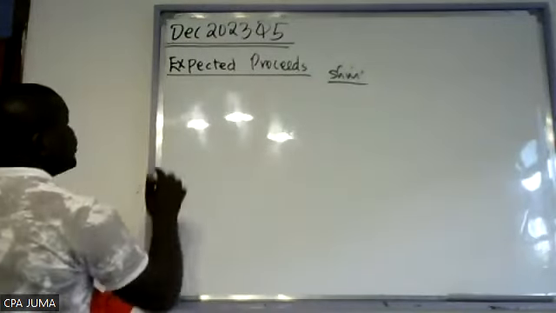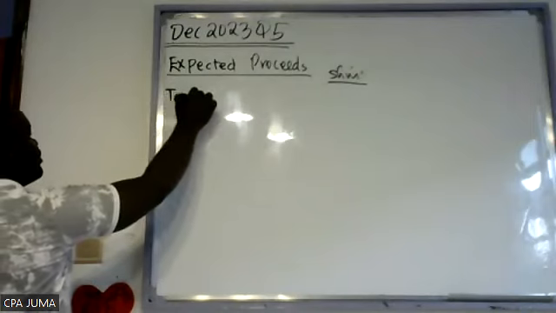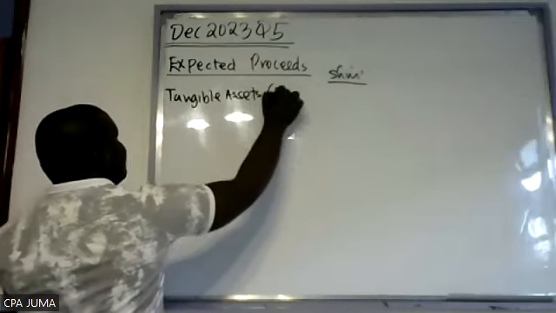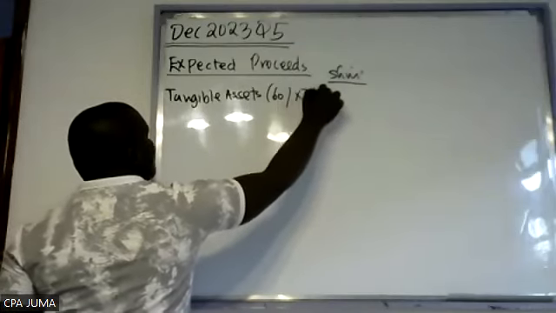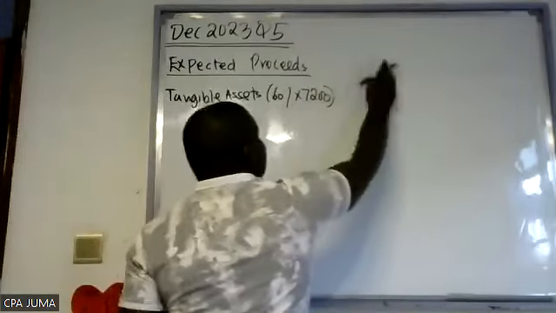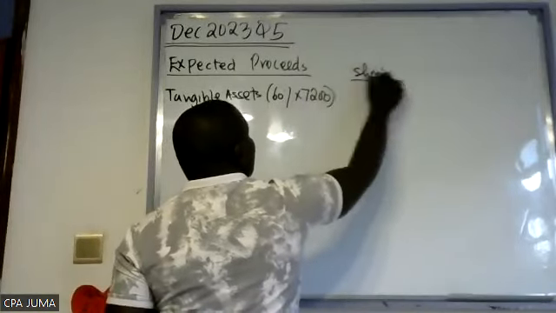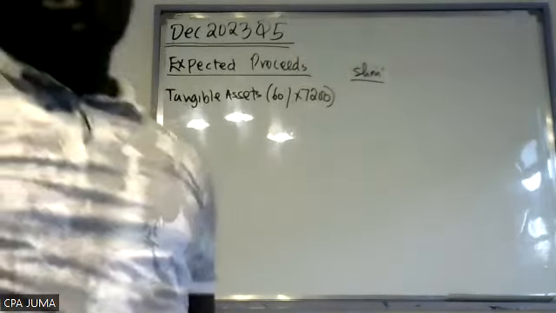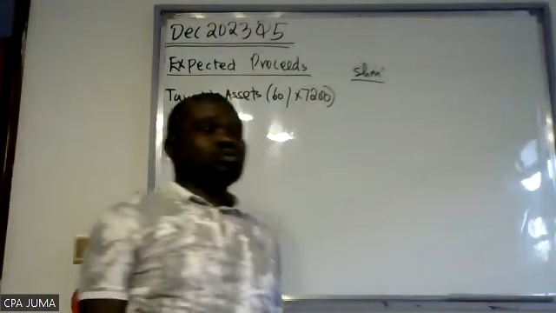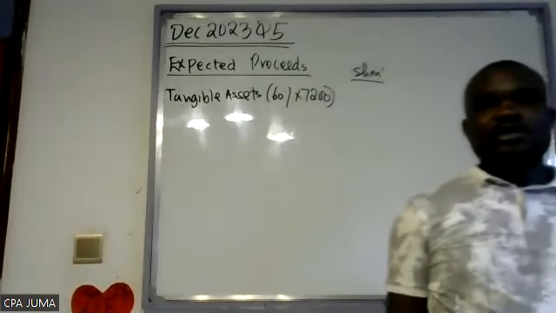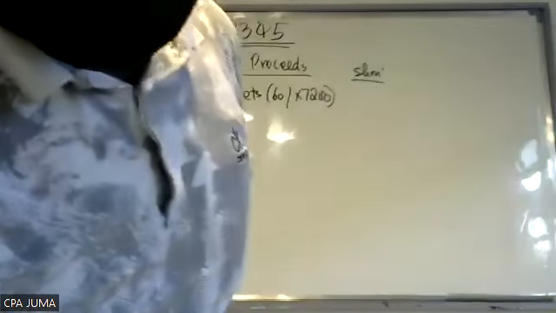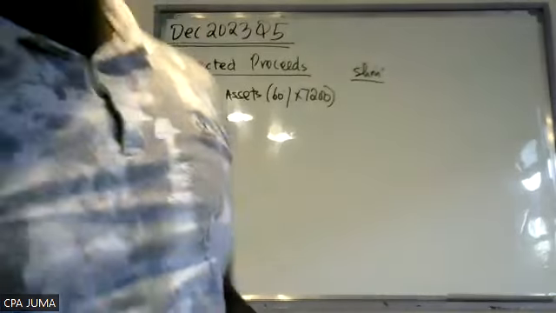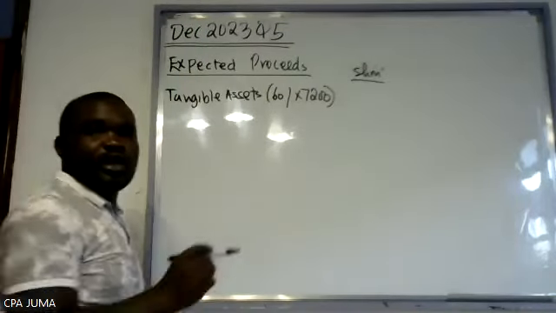So you come here and say, tangible assets, 60% of 72. What is 60% of 72? So 60% of 72 is 43.20.